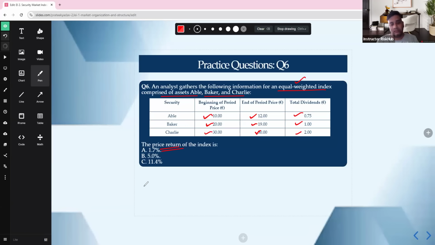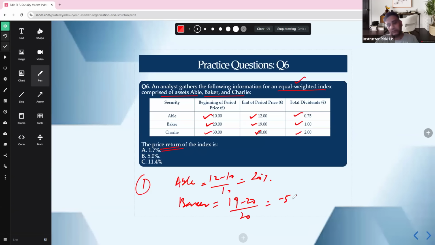So step one is you need to calculate individual returns. For Abel, 12 minus 10 divided by 10, which is 20%. For Baker, 19 minus 20 divided by 20, minus 5%. Charlie, 30 minus 30 divided by 30, 0%.